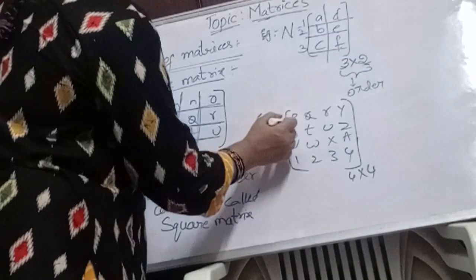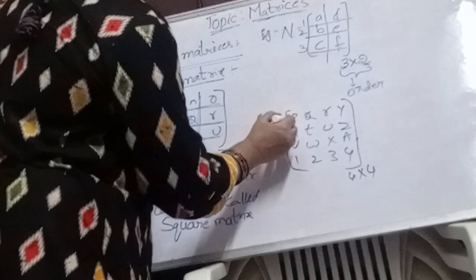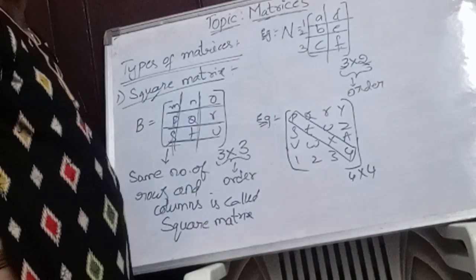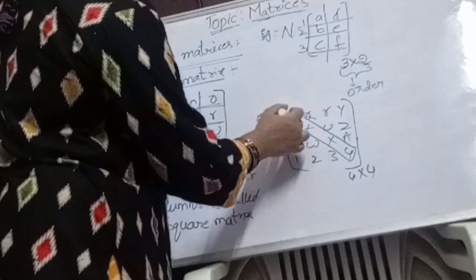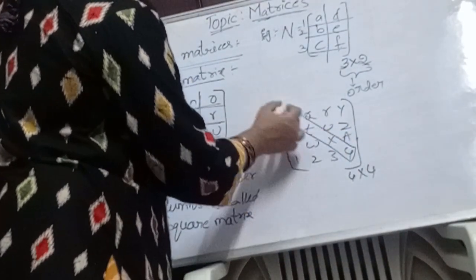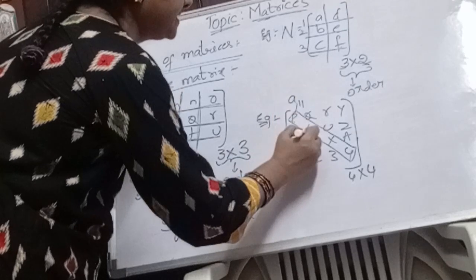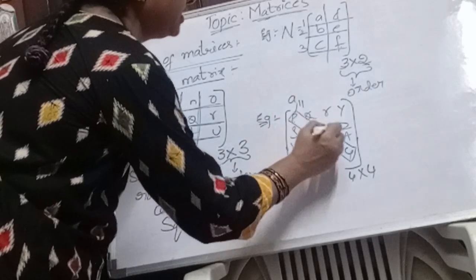And if you observe the elements of the matrix, whether it is 4 by 4 or 3 by 3 or 2 by 2, if you observe the middle, this is A11, this is A22, this is A33 and this is A44.